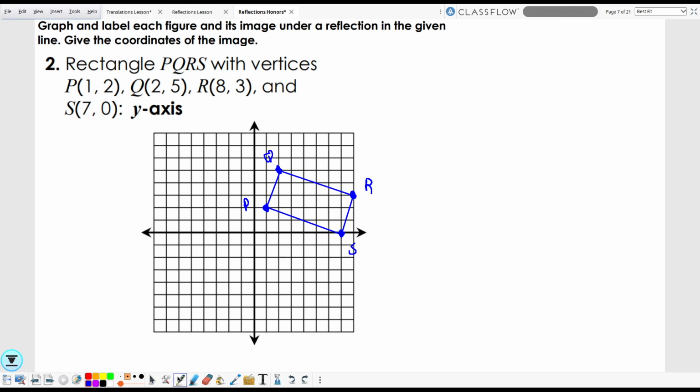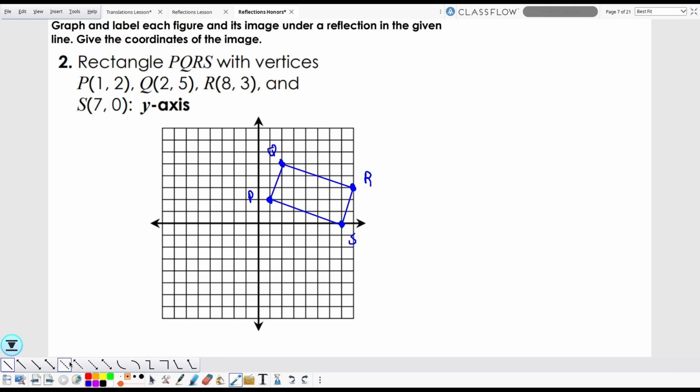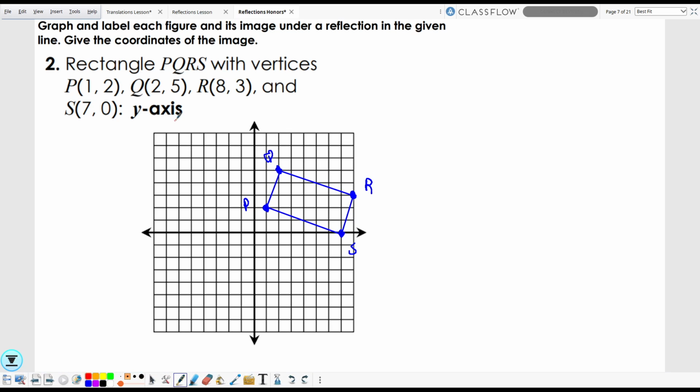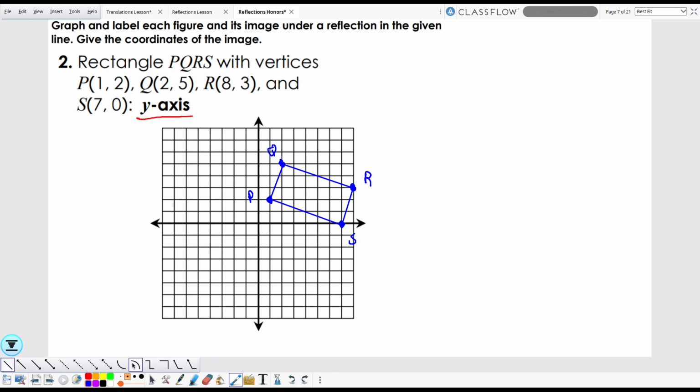Okay. So, basically, same idea as last time, except now we are reflecting over the y-axis. So, I'm going to take one of these points, let's do Q. Q is 2 spaces away from the y-axis, so Q prime has to be 2 spaces over.